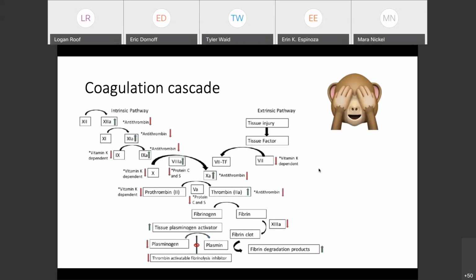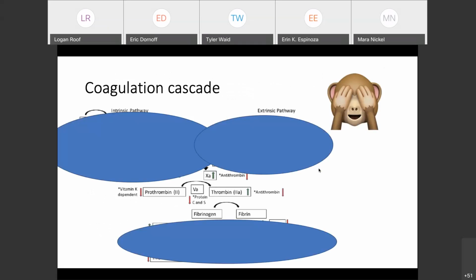So we talked about those factor deficiencies, and that means that we have to think about the coagulation cascade. I'm really sorry that this looks more complicated than it is, and hopefully I'm not losing you yet, but I'm going to break it down pretty simply, and then we'll go into the details. So ignore everything, and let's just focus on the fact that there are two pathways, the intrinsic and extrinsic pathway.